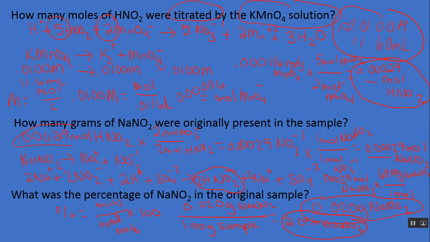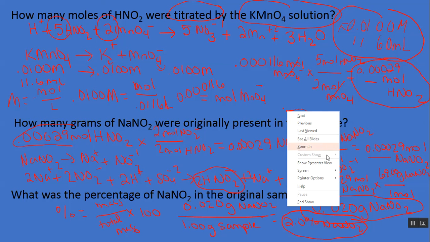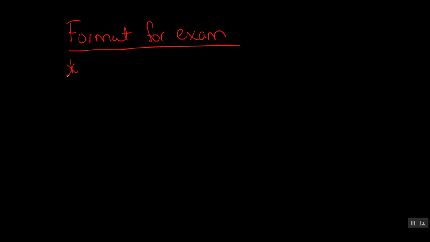Really quickly, I wanted you to jot one last thing down. If you need to pause the video to write some of this down, do it, and then start it again. I wanted you to jot down your format for your exam. Remember these things.